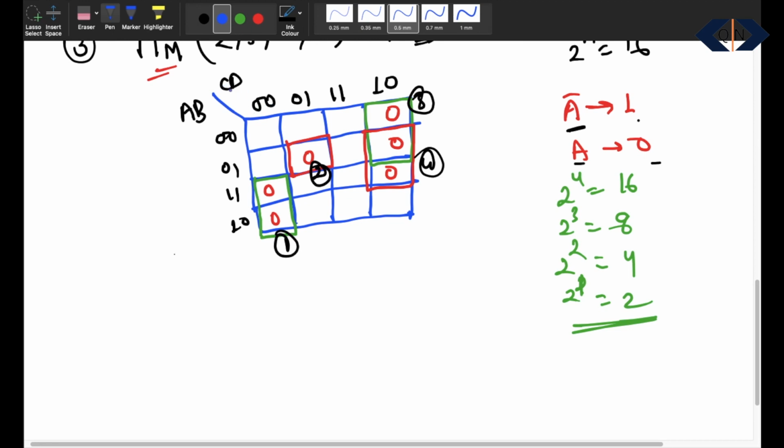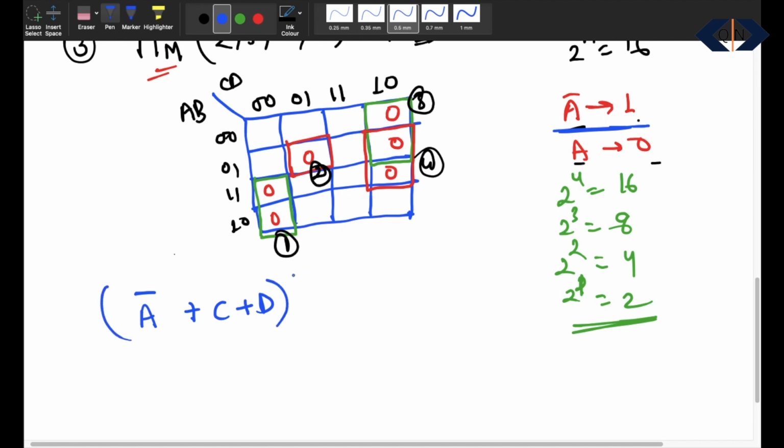So we will write C plus D, because C and D are constant in the group. Now here, A is constant and B is changing, so we will write A, but since A is 1, it will be equivalent to A bar. So this is our first group.